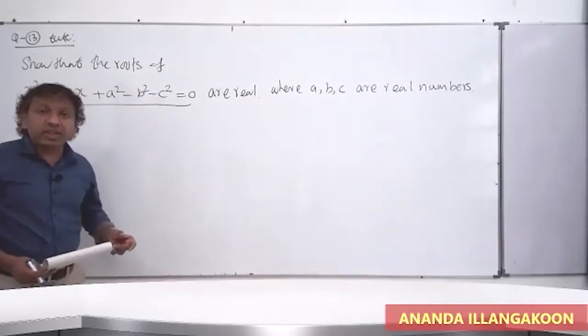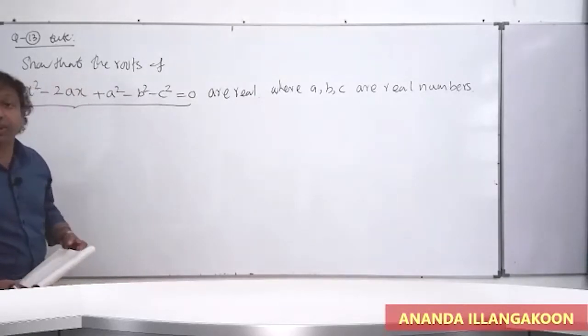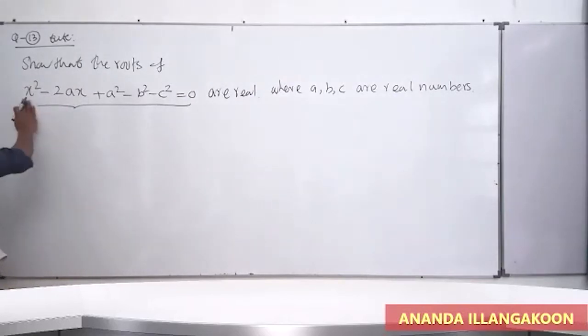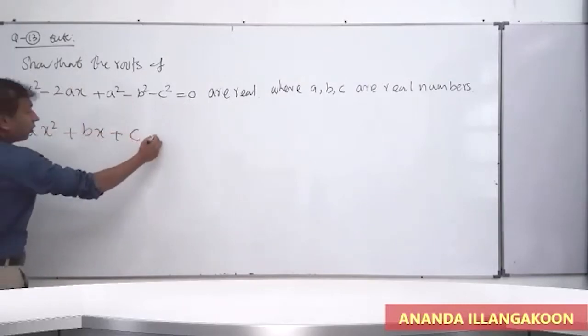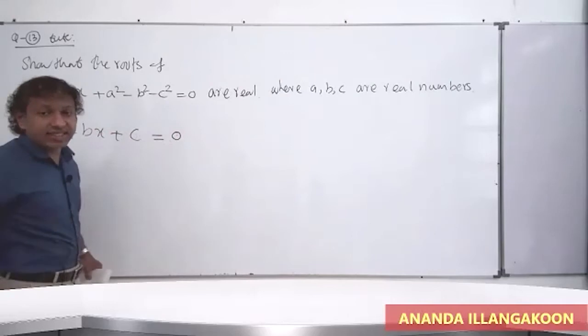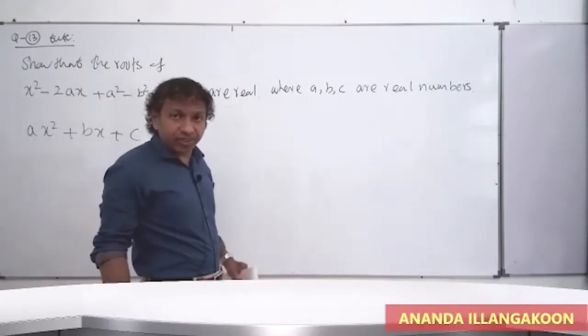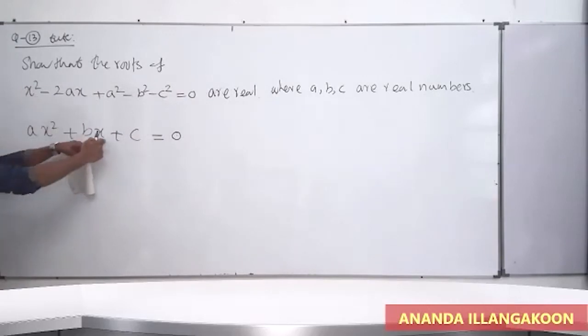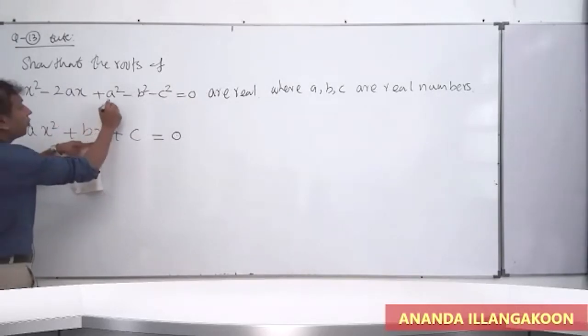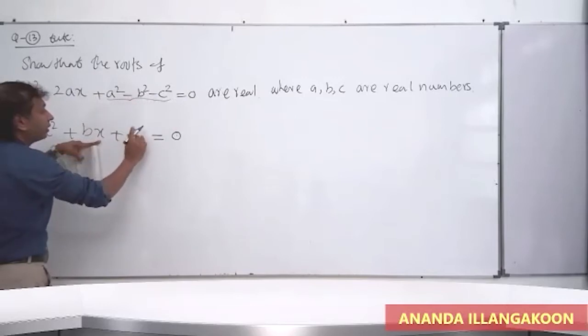The standard form of writing a quadratic equation is ax squared plus bx plus c equals 0. The same form we have here: the x squared term is available, the x term is available, and the single term c.